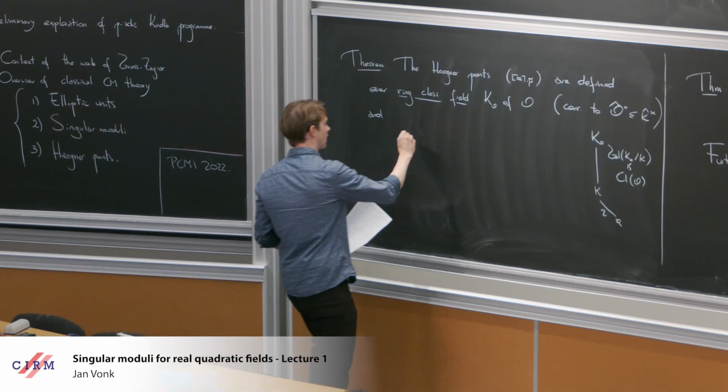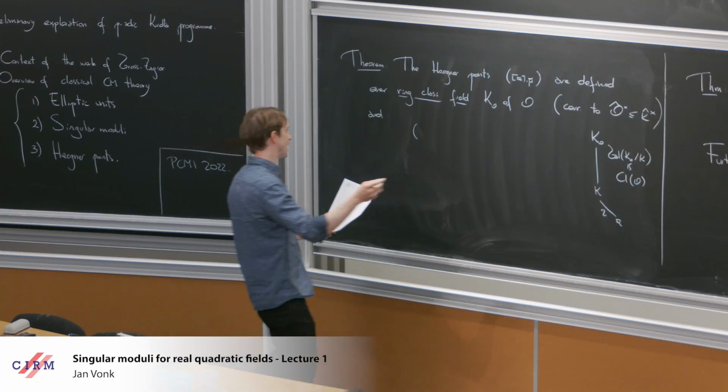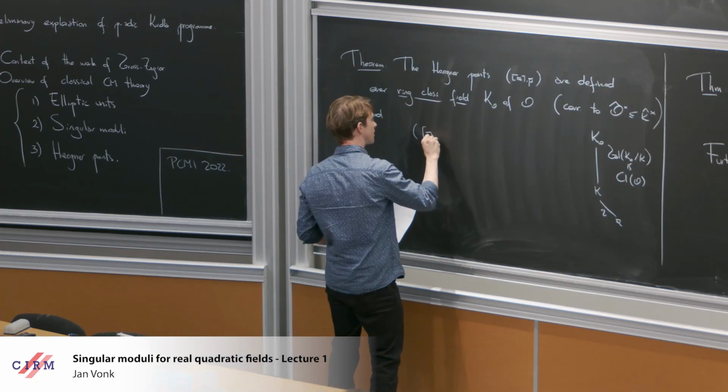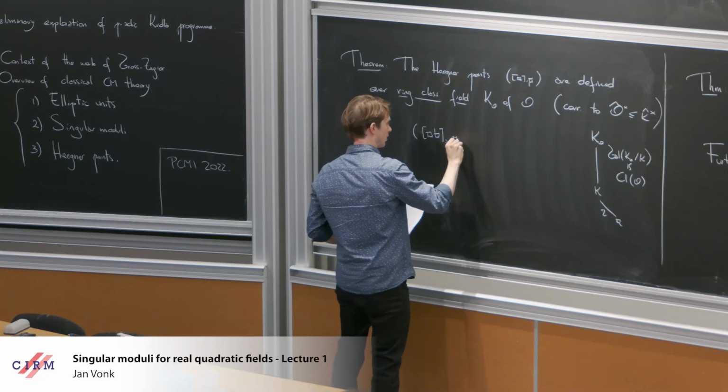All right, so if it's defined over this field, it might also be interesting to describe the Galois action. And this Galois action is very explicit, and this is the only time I will use my horrible notation.